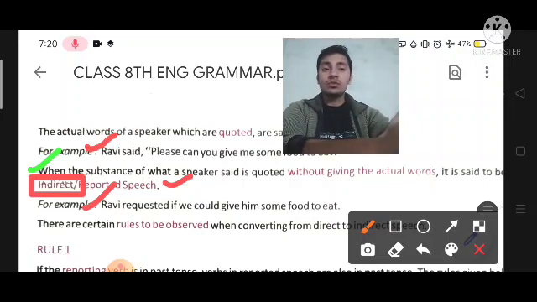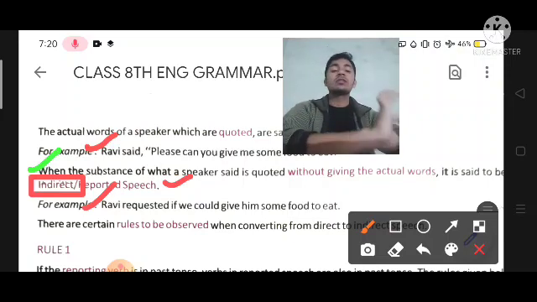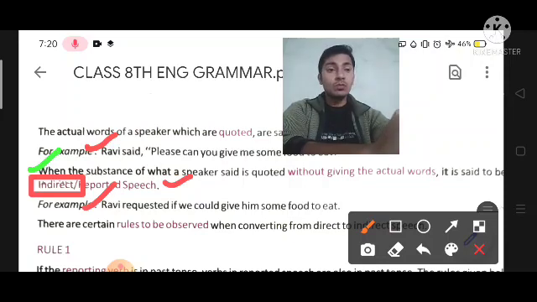Before that, you should also understand what the title reported speech means. Reported speech means the actual statement that is reported by anybody. And when anything is reported by a speaker, that is called reported speech. So we have two types of reported speech. First is direct speech, and second we have indirect speech.